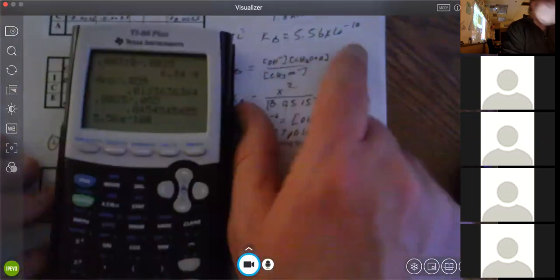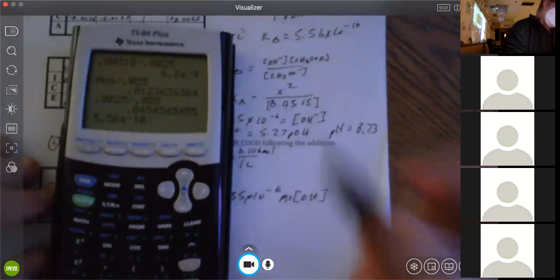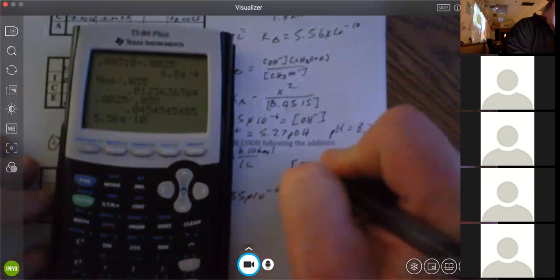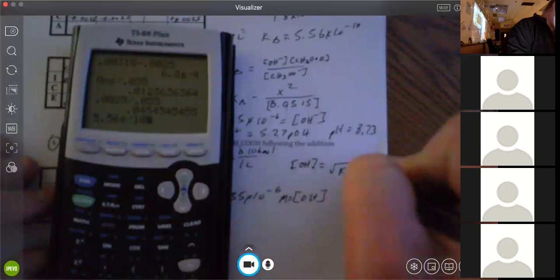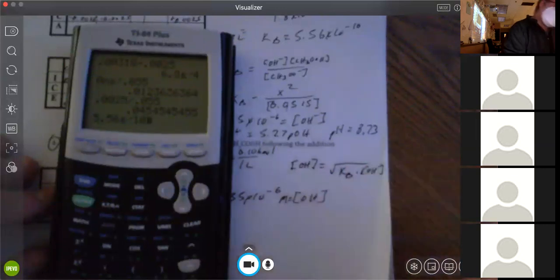That's the KB. And I'm going to do this in my head, but I can write it down if you want. Remember that the amount of hydroxide in this case is equal to the square root of the KB times the concentration of the OH minus.